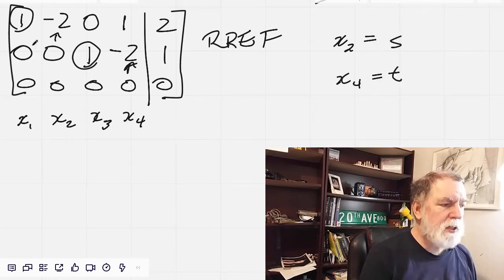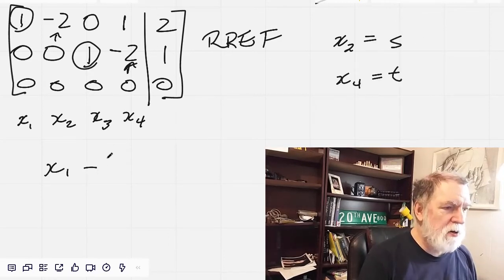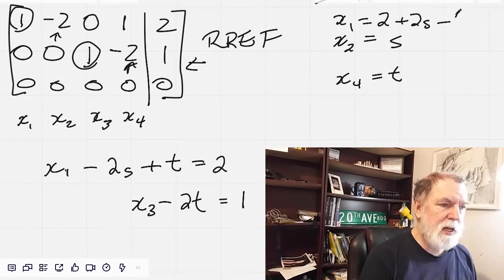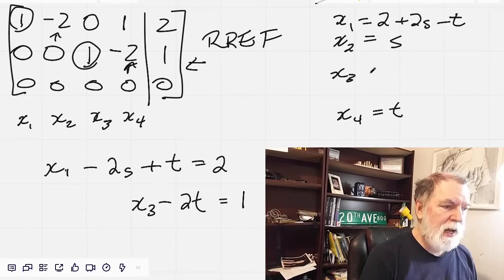So now we have x1 minus 2s plus t equals 2. x3 minus 2t equals 1. That's this row. x1 equals 2 plus 2s minus t. x3 equals 1 plus 2t. That is our solution in terms of parameters.